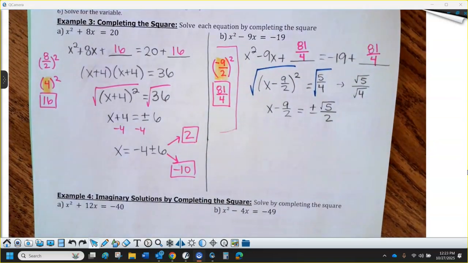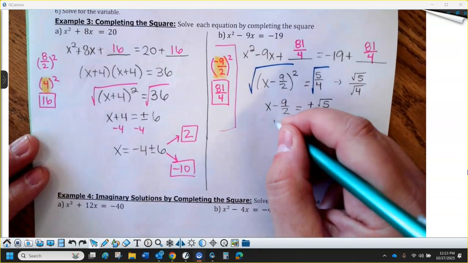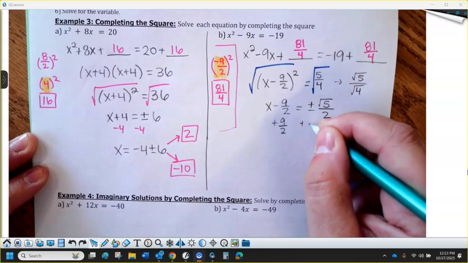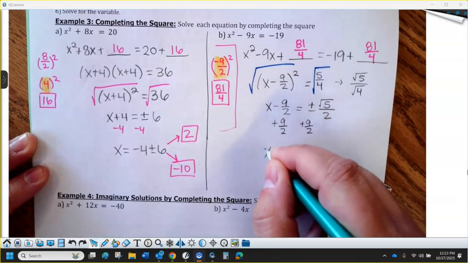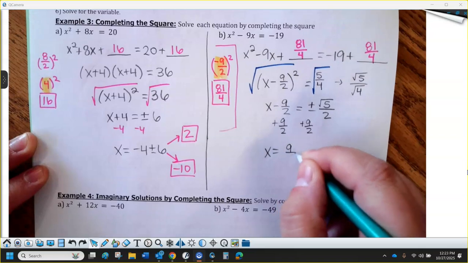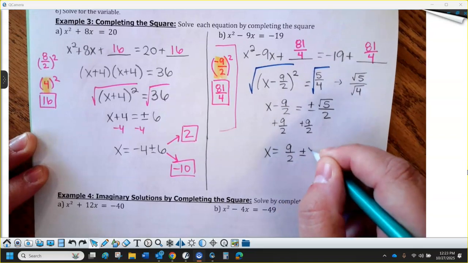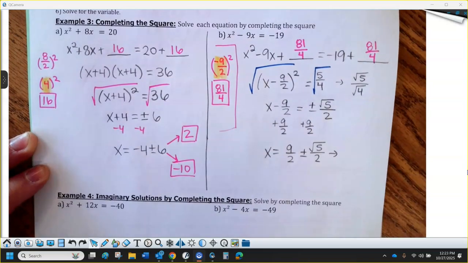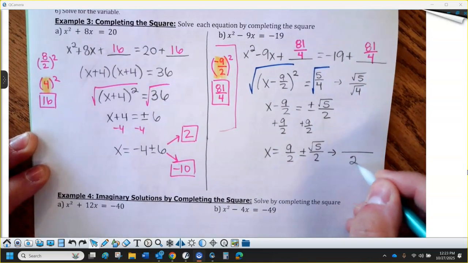Okay, and this is how this works when you do completing the square. I'm going to move this 9 over 2 to the other side, and this will be over 2. And you'll see they have a common denominator. That's why I wanted you to leave it as a fraction, because you can actually put these together. So I'm going to add that 9 over 2. So we would have 9 over 2 plus or minus the square root of 5 over 2. Now, you can put these together, so the whole thing would be over 2.